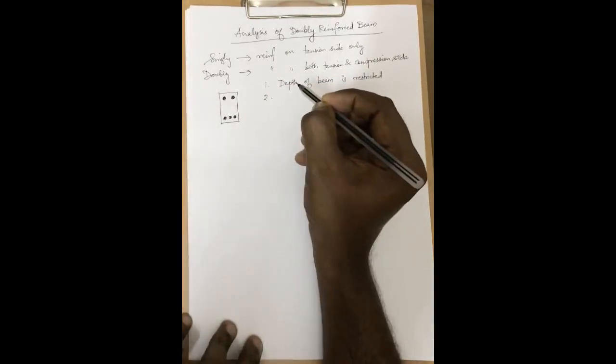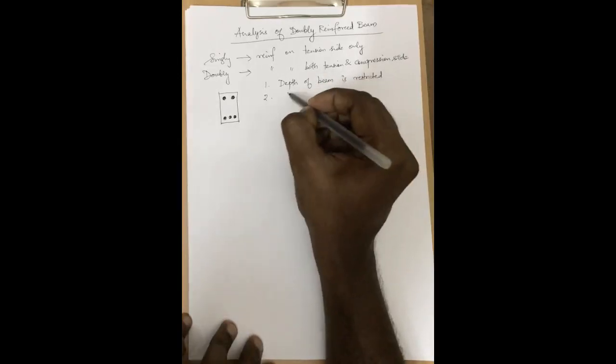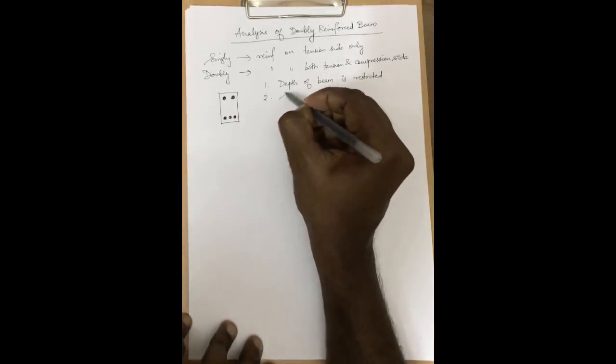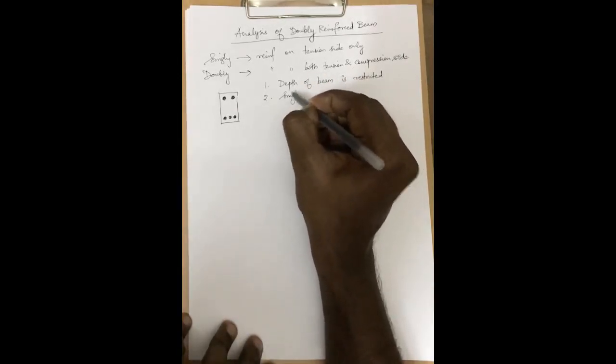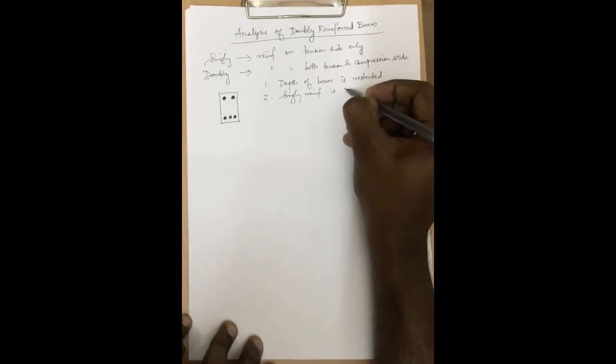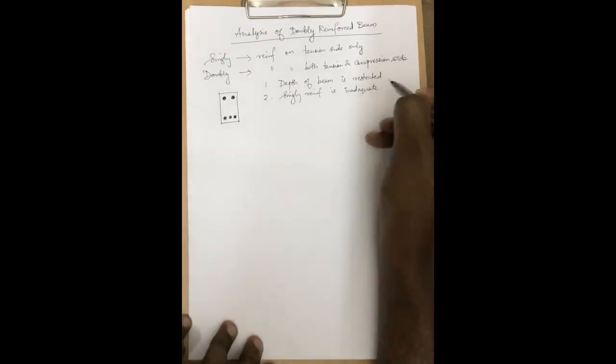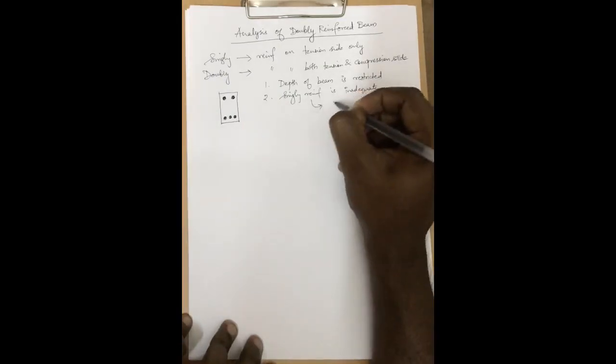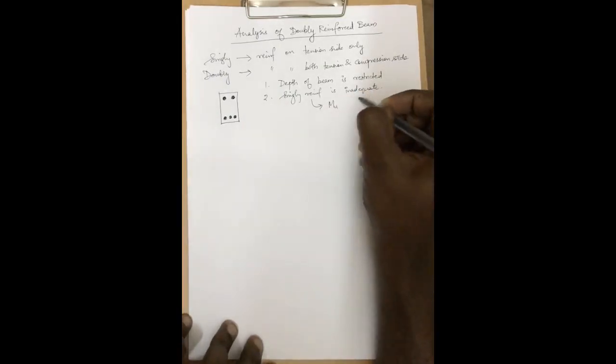Second, when a singly reinforced beam is inadequate. We have already learned that singly reinforced beams are provided where the moment to be resisted, Mu, is less than Mu limit.